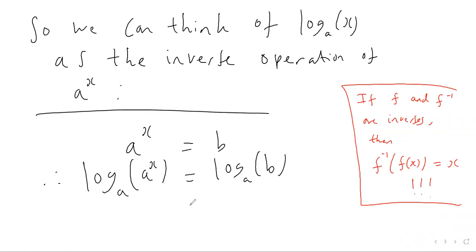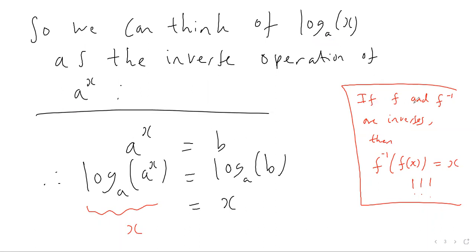So this result gave us x. So we applied a log operation to an exponential operation, a to the power of x, so we can think of log base a as the inverse of a to the power of x. And why can we think of that?